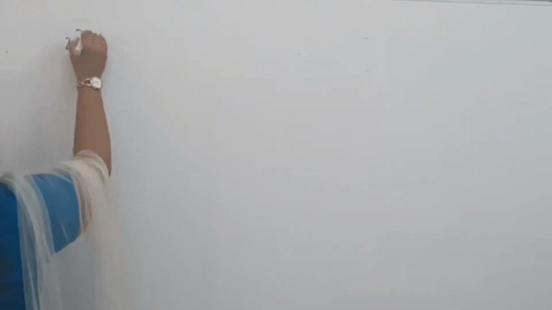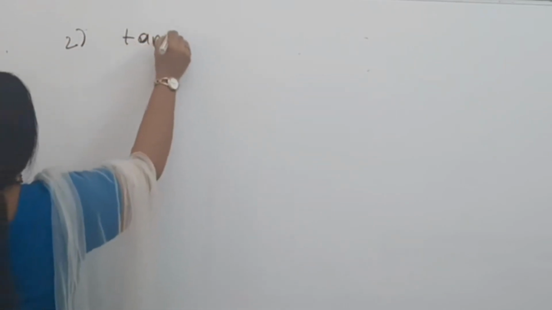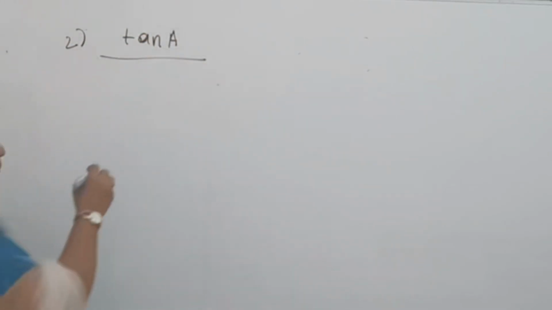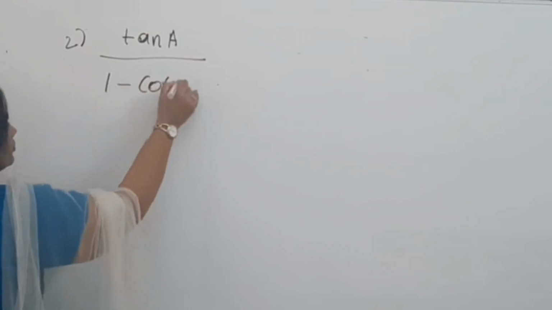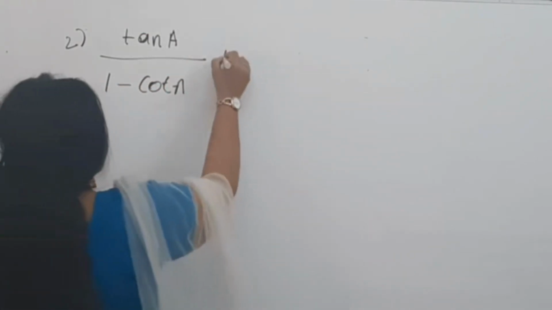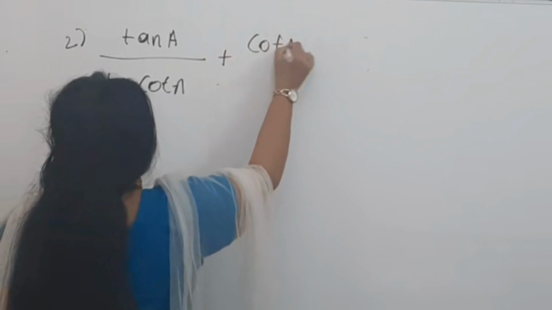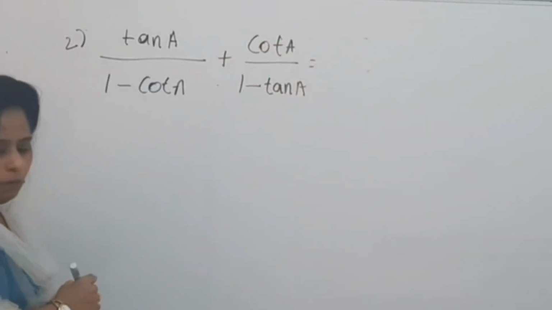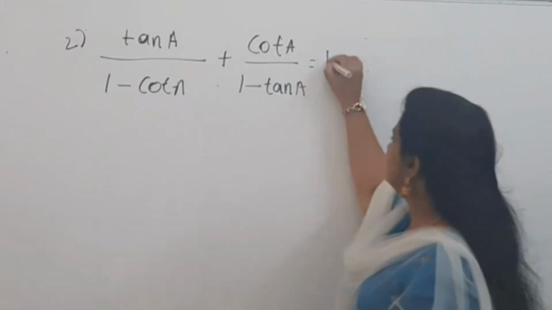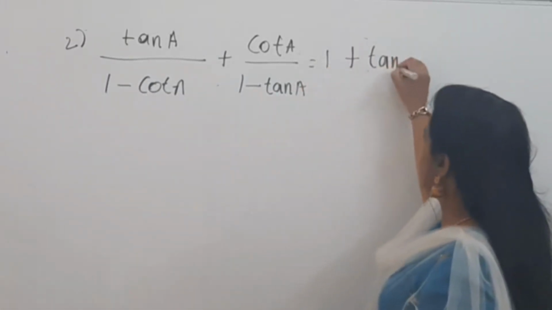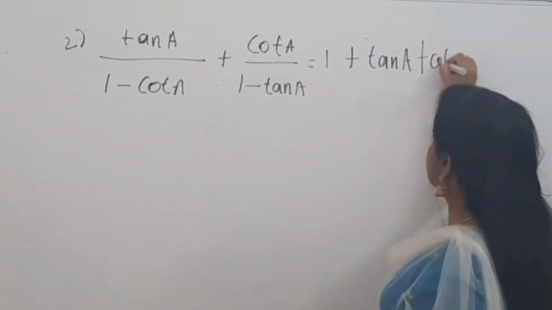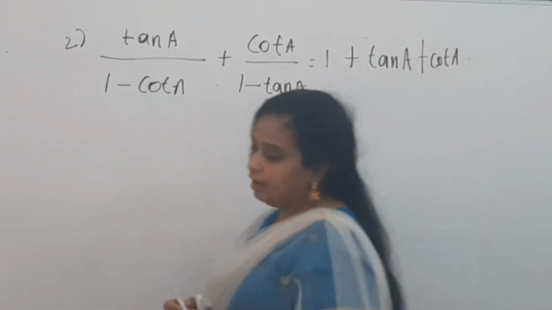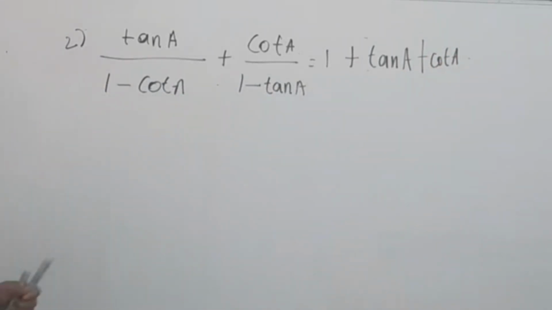So now the second identity that we are going to prove is tan A by 1 minus cot A plus cot A by 1 minus tan A is equal to 1 plus tan A plus cot A. Hope everyone understands this identity given.